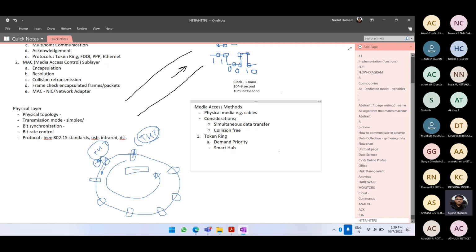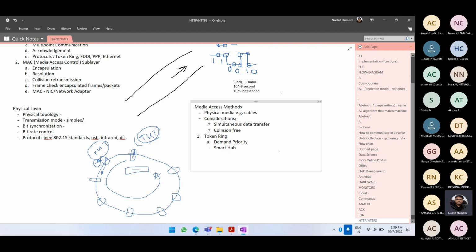You can hold this token or this packet for a maximum of this THT, or total handling time. That might be 1 nanosecond or even less than that. In case you are holding it for more than that, it means that you are going to transmit some data.